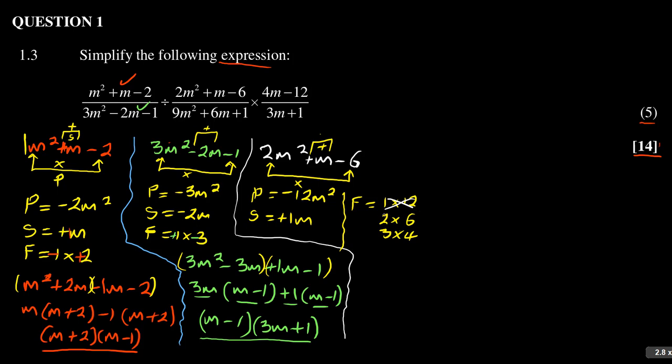Even if I add 2 and 6, I cannot get a 1, but the last one is where the answer is. 3 and 4 can give me a 1, but remember, when one of them has to be negative and one of them has to be positive, the sum is positive. So I've got a positive 4 and a negative 3.